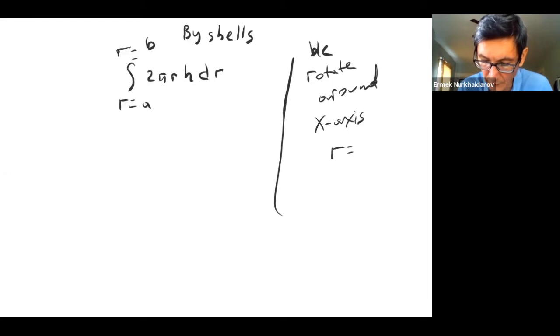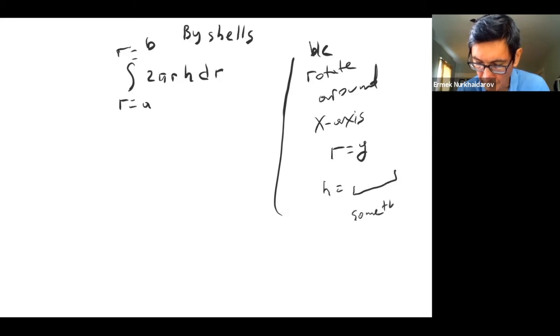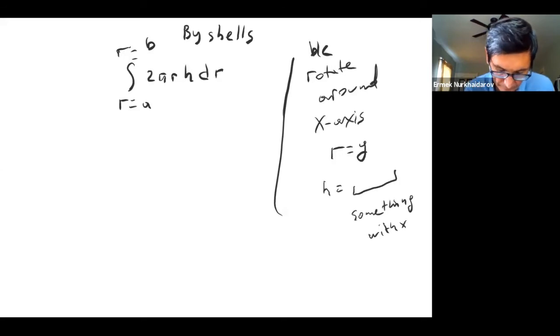We'll immediately know that r is likely going to be y, and height will be something in terms of x. Okay, so that's how our shortcut will be telling us. Now let's see how the picture drawing is going to help us figure out exactly what r and what h need to be in this case.